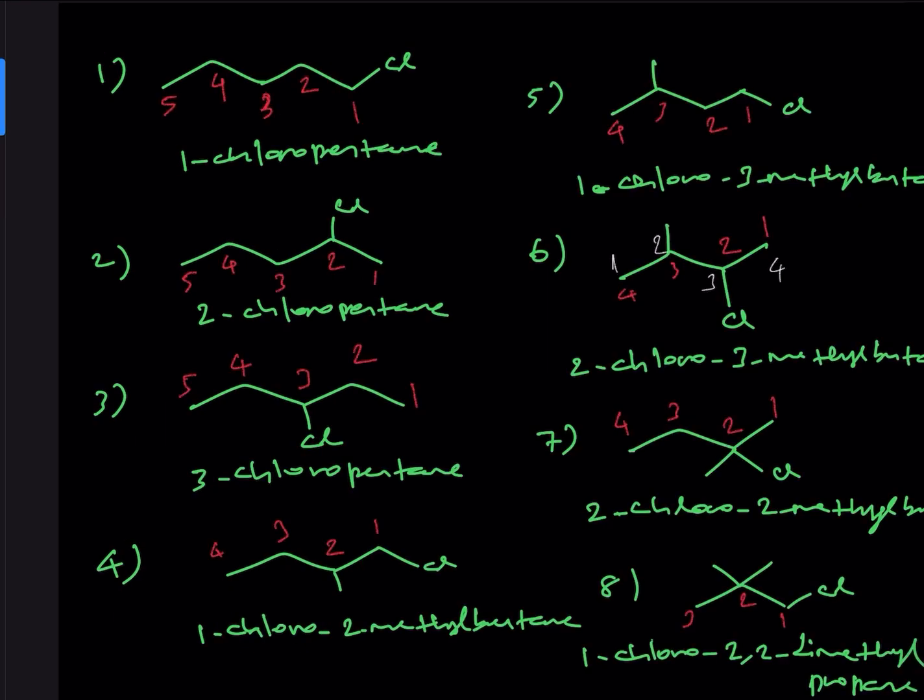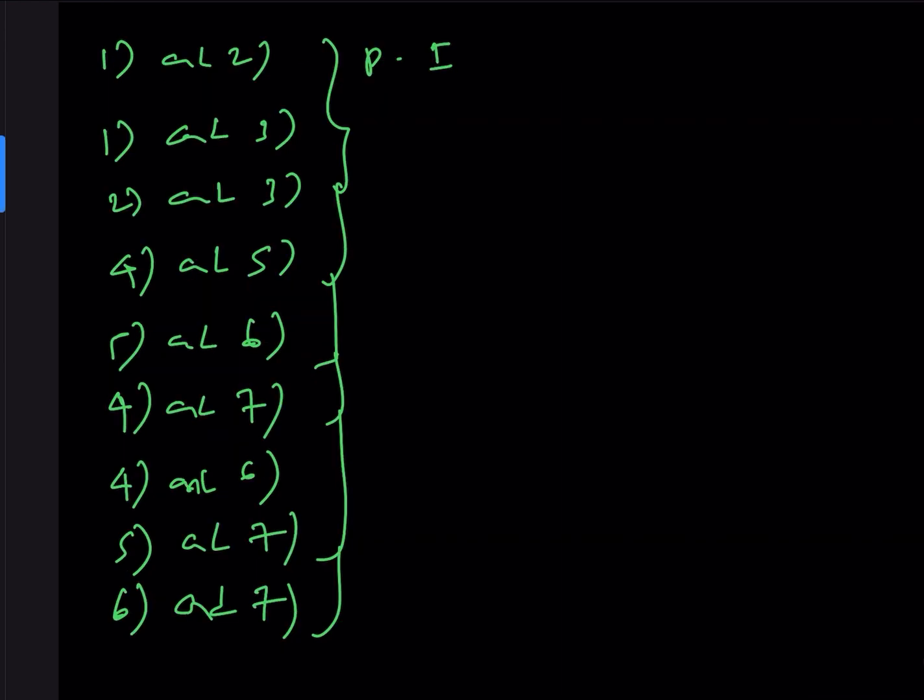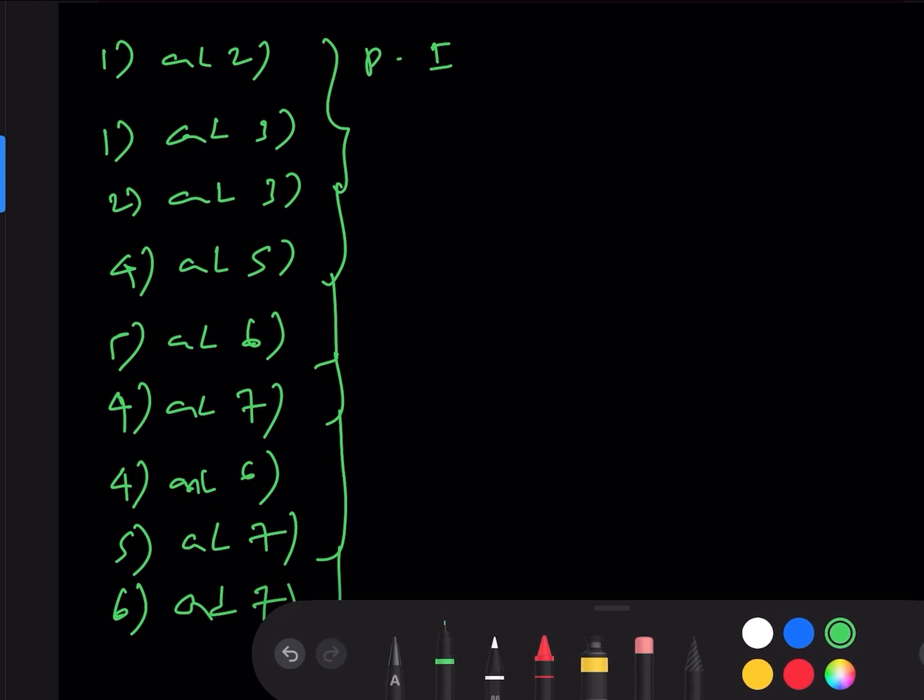Now let us look at the chain isomerism. For chain isomerism, if we are comparing 1, 2, 3 with 4, 5, 6, 7 or even 8, then you are talking about chain isomerism.